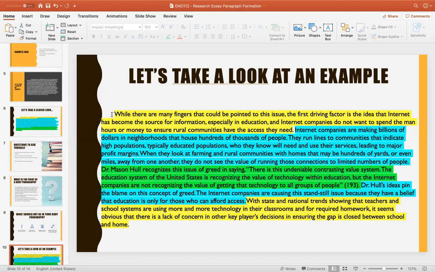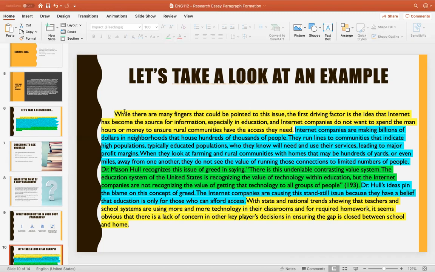And then I summarize my paragraph by saying, with stated national trends showing that teachers and school systems are using more and more technology in their classrooms and for required homework, it seems obvious that there is a lack of concern and other key players' decision in ensuring the gap is closed between school and home.